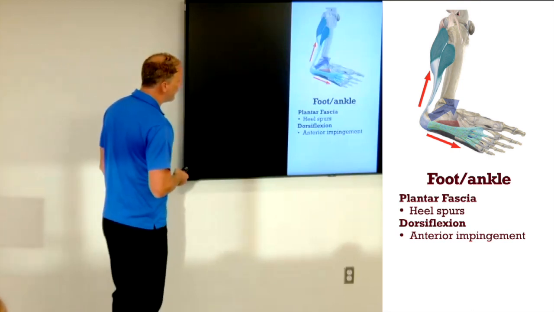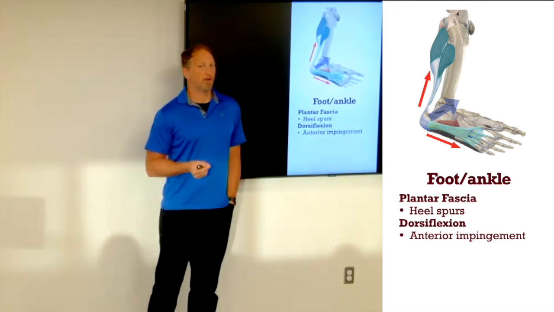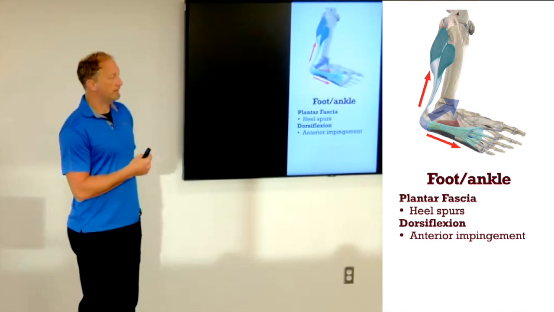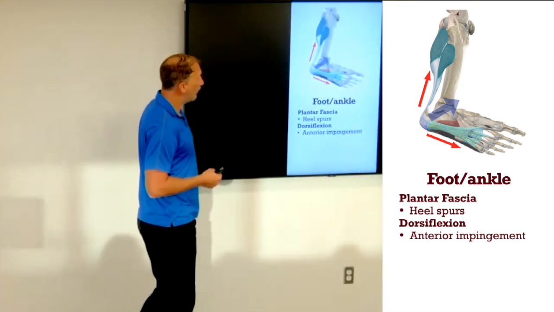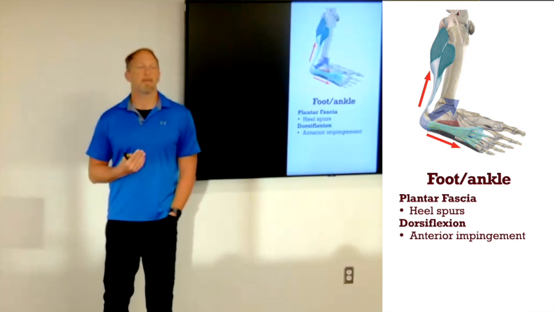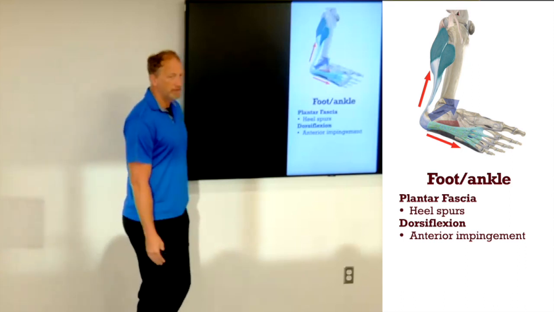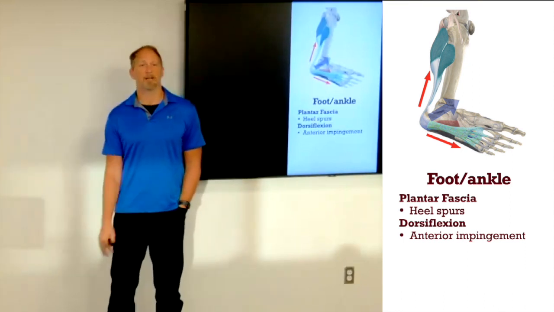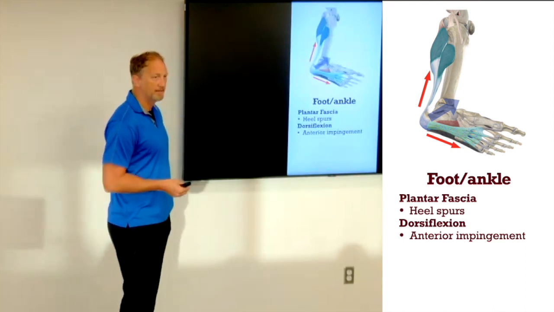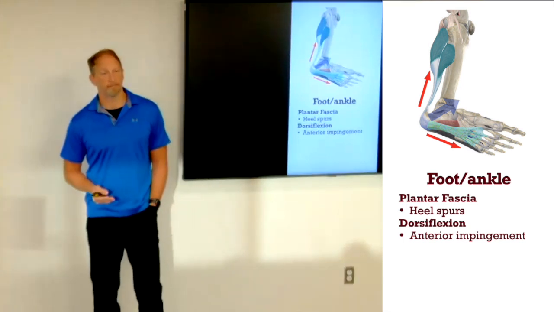With the dorsiflexion, when we talked about the calcaneus as a fulcrum a second ago, oftentimes the common perception of a dorsiflexion restriction is that we just have a tight gastroc and tight soleus. All the posterior structures are tight, and that tightness is what's preventing us from actually moving into dorsiflexion.